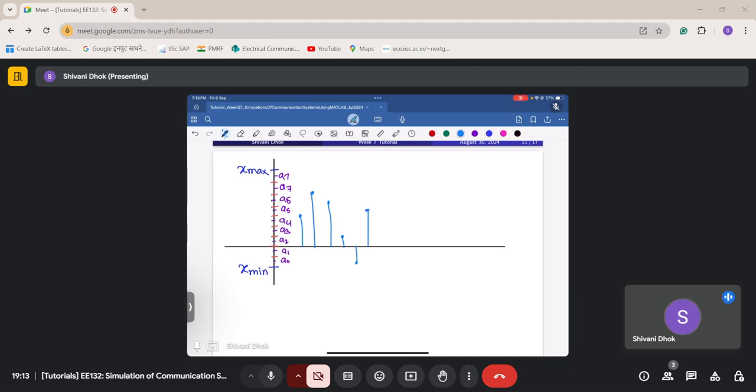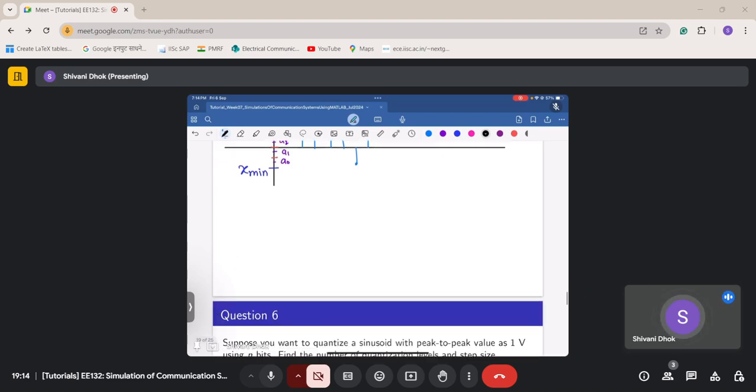This particular point is here, so it is lying in this interval, so you will map it to this point, A4. Similarly, you have something here which lies in this interval, so you'll map it here. Similarly, you have a point here which lies in this particular interval, so you'll map it to A6, and so on.